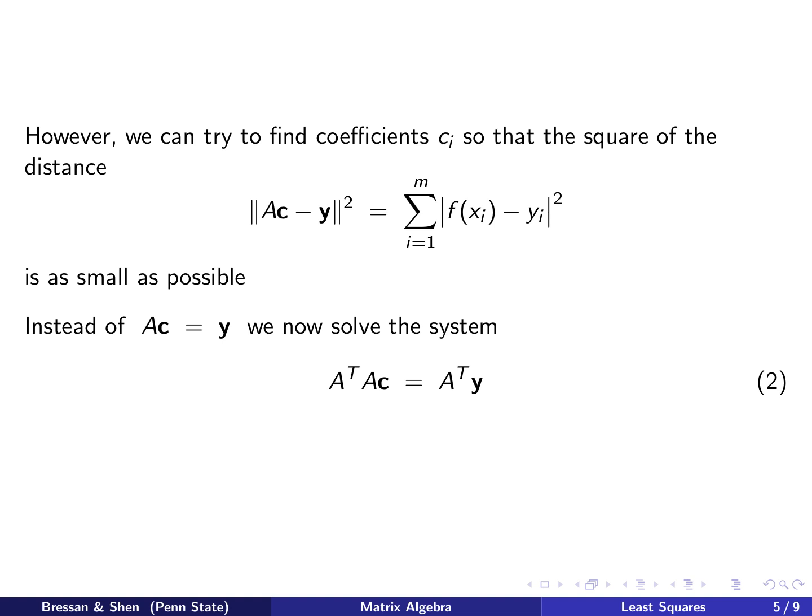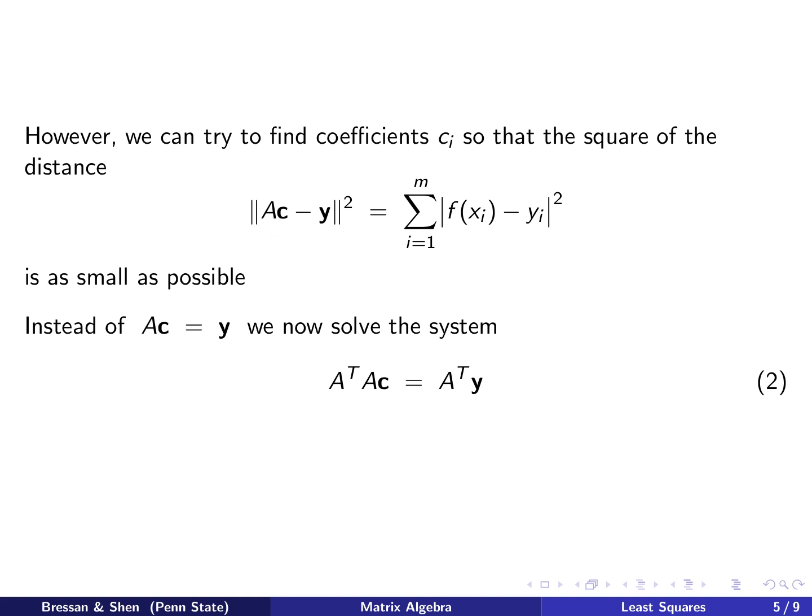However, we can try to find an approximation that minimizes some distance. So let's define the distance to be the square of the norm of the residual, so the norm of AC minus y squared.